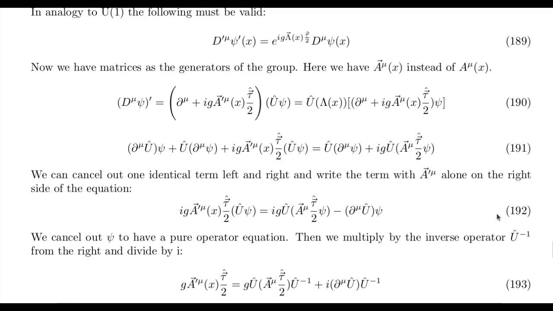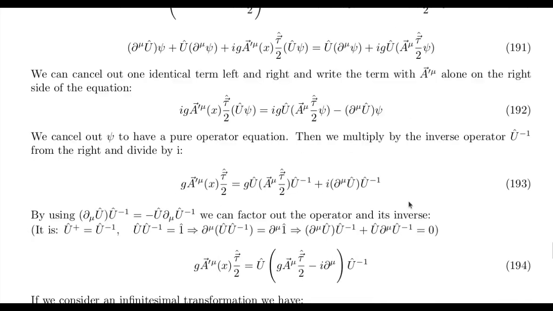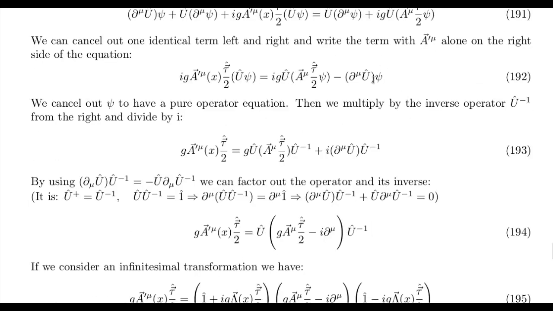So we have 192. Then we cancel out the wave function psi. Then we have a pure operator equation, and we multiply by the inverse operator, u to the power minus 1, and we divide by i, the imaginary unit.